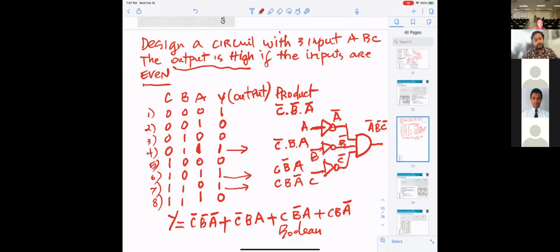You just add the 3 ABC. First one 0, 0, 0, you get a 0. That's an even. If you get a 1, then you get an odd. Got it. That tells you the output will be equal to 1 or equal to 0.